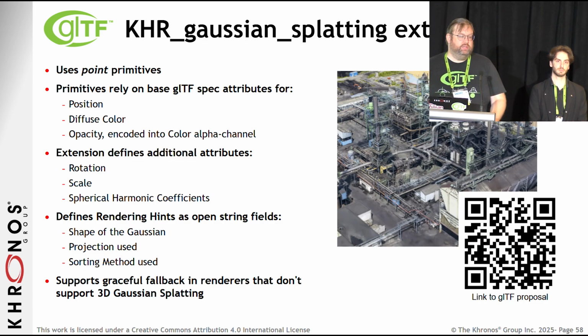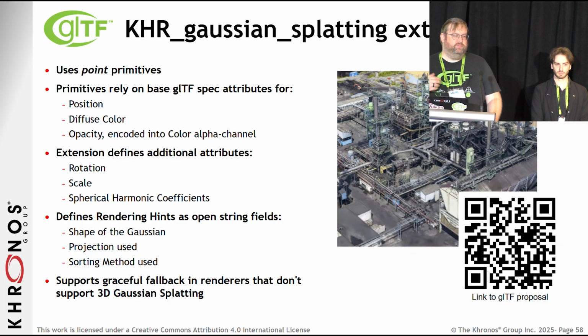across multiple engines. To do that, we're using the point primitive, and we're using base glTF spec attributes for the position, the diffuse color, and the opacity, which we're encoding into the color alpha channel. Rather than storing the diffuse component as a spherical harmonic, we are turning that into a GPU-ready diffuse color component, so we're doing that math.